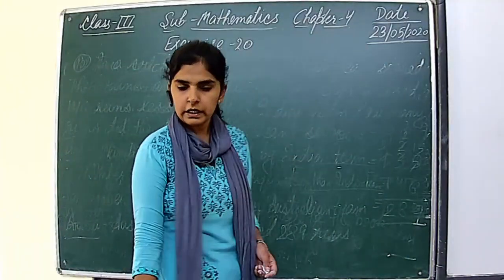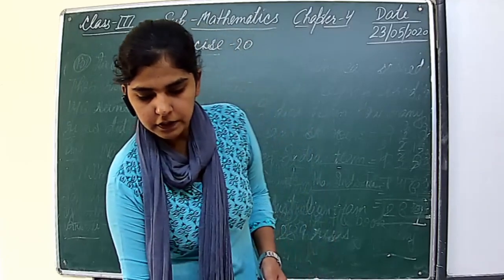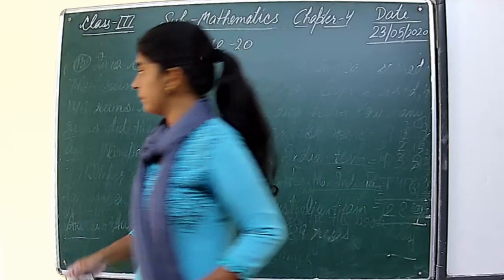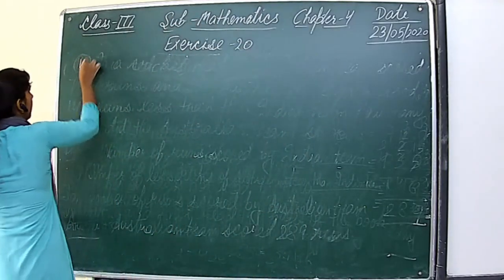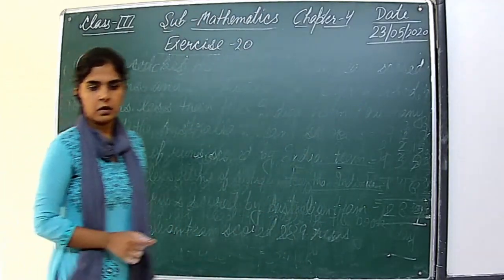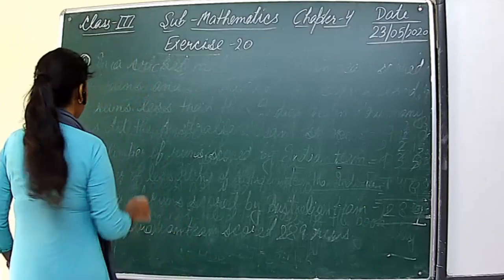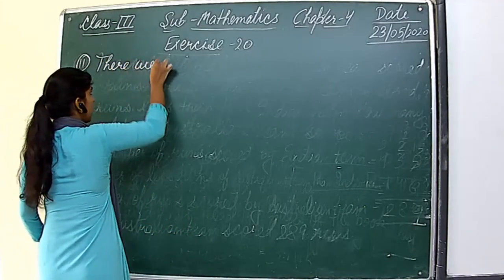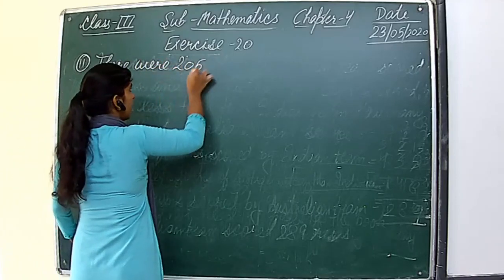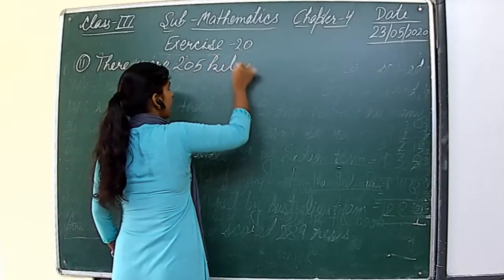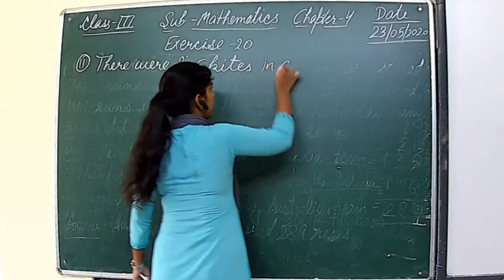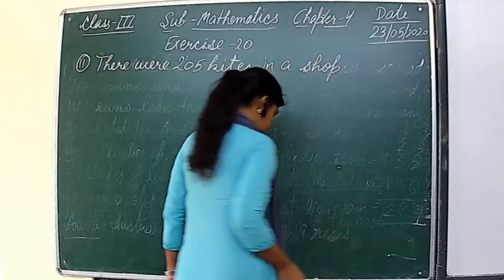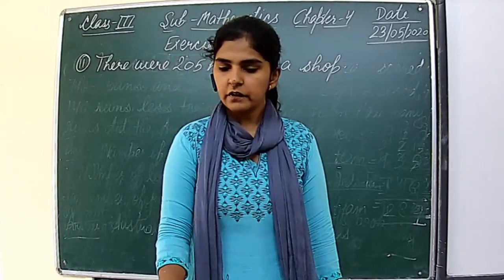Question number 11. There were 205 kites in a shop.